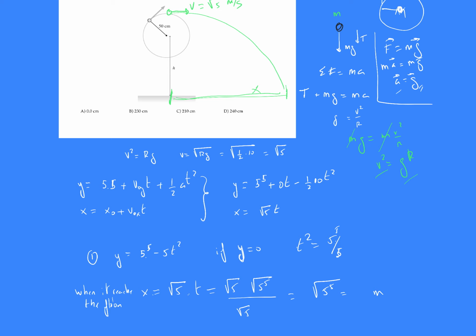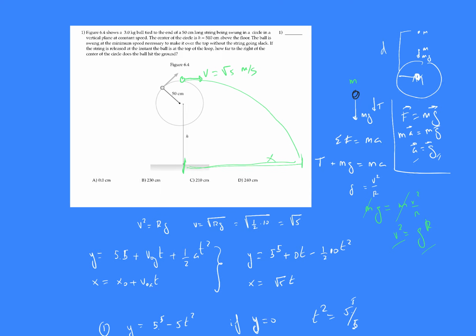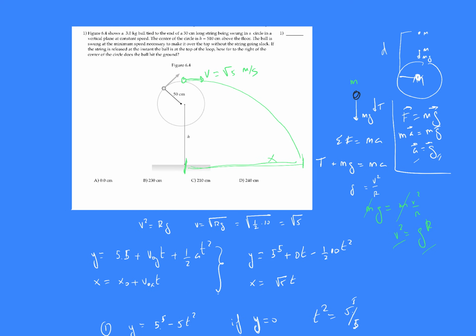The initial height is 5.1 plus 50 centimeters of radius. This is the initial height, 560.